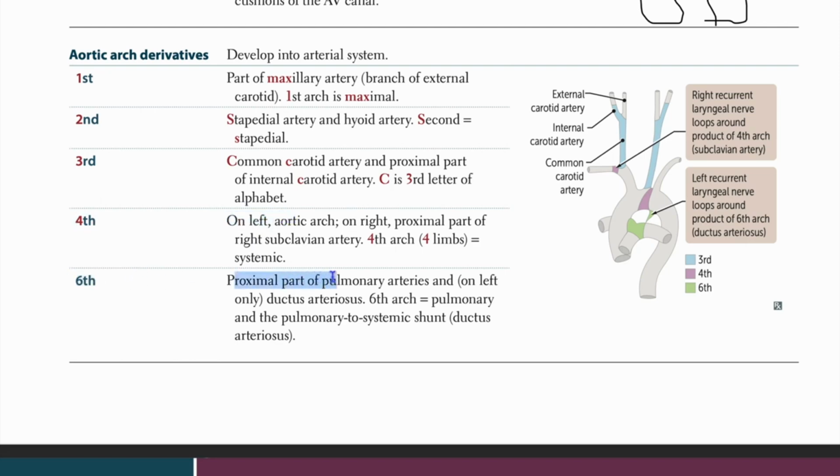So this is the proximal part of the pulmonary arteries, and on left only. Okay, so this is the left side, so it's only on the left, and this is the one that makes the ductus arteriosus. That's why it's the important arch. So sixth arch equals pulmonary, and the pulmonary to systemic shunt. That's the ductus arteriosus. Okay.